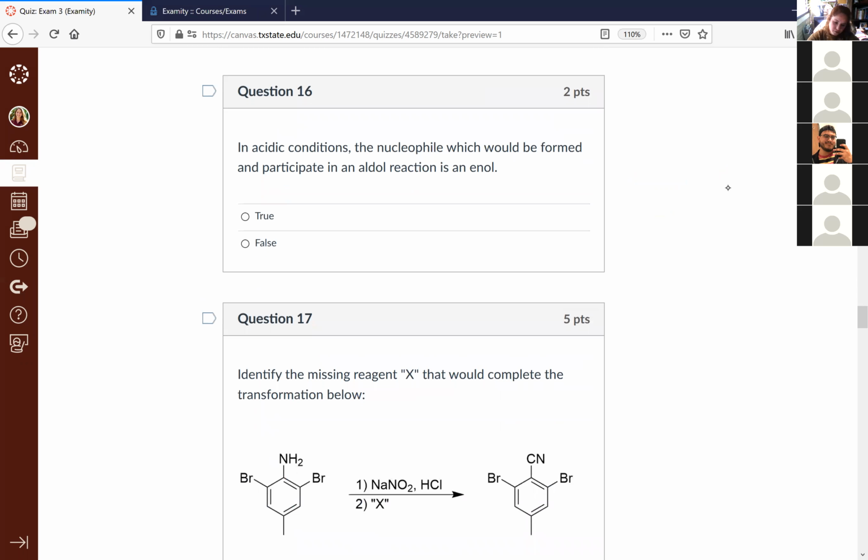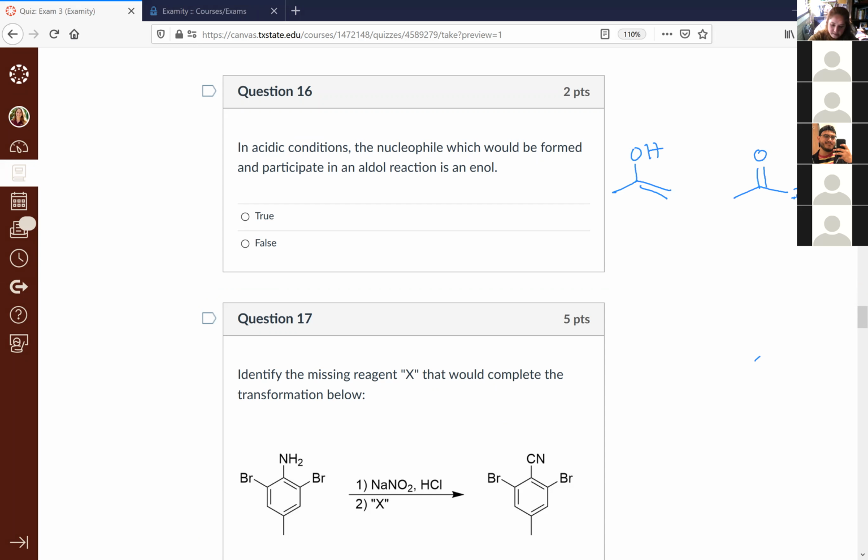Okay, and then last true false question. In acidic conditions, the nucleophile which would be formed and participate in an aldol reaction is an enol. Is this true or false? So remember, we have two different versions of deprotonated carbonyl nucleophiles. We have the enol form and we have the enolate form.